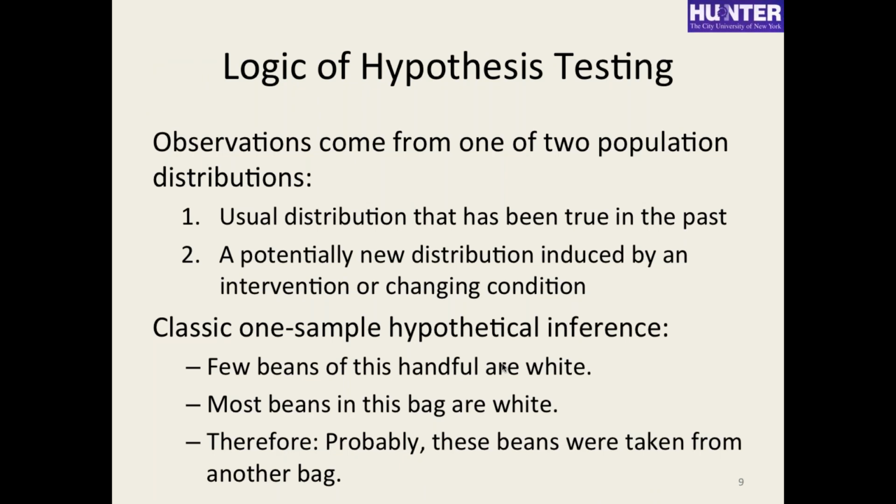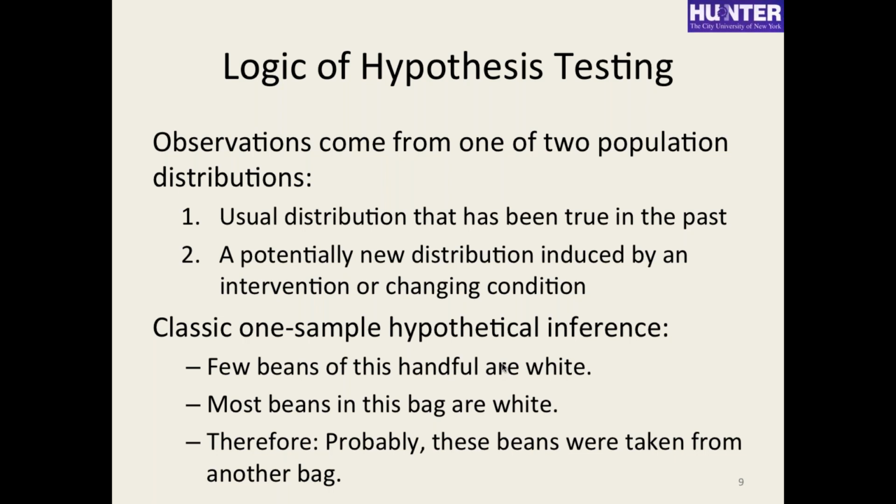Okay, so now this is kind of another way of looking at it also. If you have a bag of beans, you can't look into the bag of beans. Could be white beans, could be brown beans. So if you reach in there, pull out a handful of beans, and there's only a few white beans in them, you would come to the conclusion that most beans in that bag are not white.